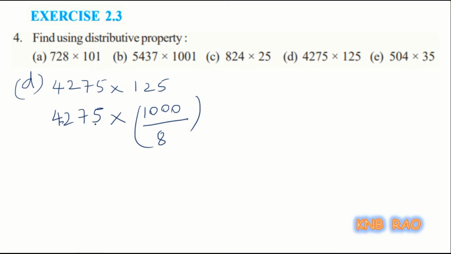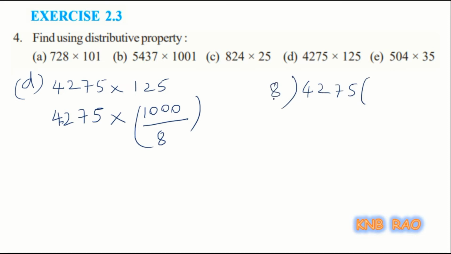Here, since it is ending in 5, it is an odd number, not divisible by 8. But here, though it is not divisible, this odd number 4,275 not divisible by 8, still we can divide by taking decimal places.